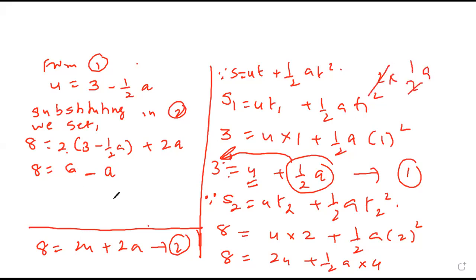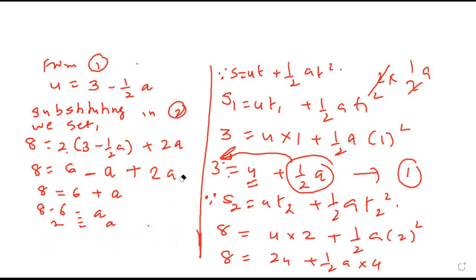Is it a? Yes or no? Say first. Yes, sir. Plus 2a. 8 equal to 6 minus a plus 2a is a. 8 minus 6 is a. 2 equal to a. That means a equals to 2 meters per second square.